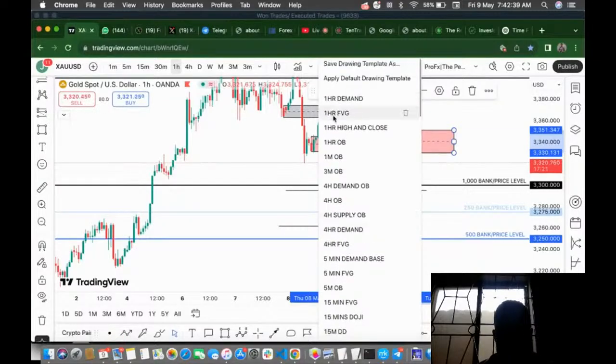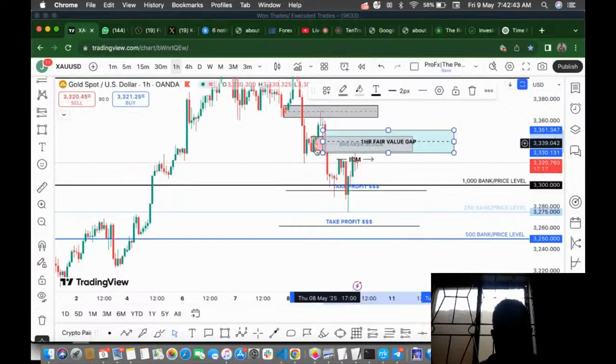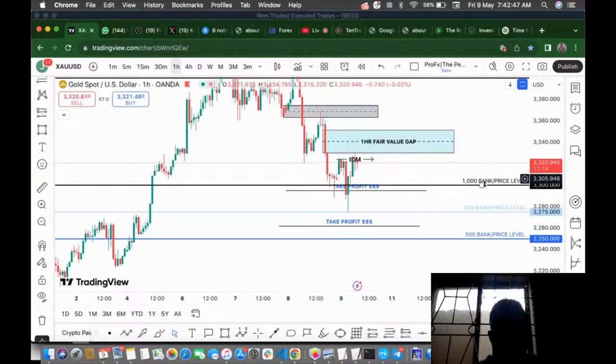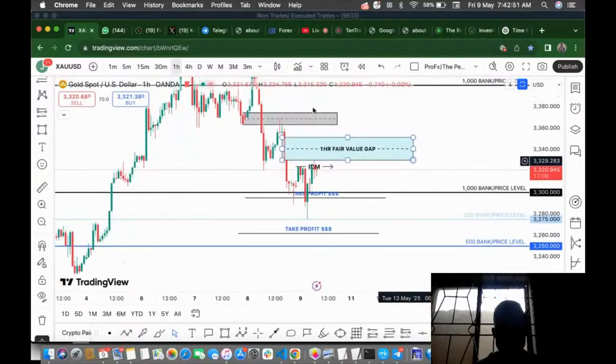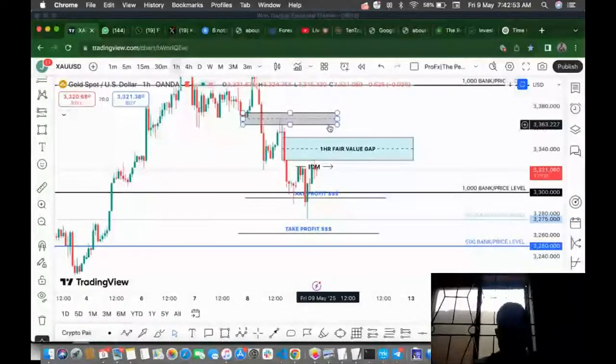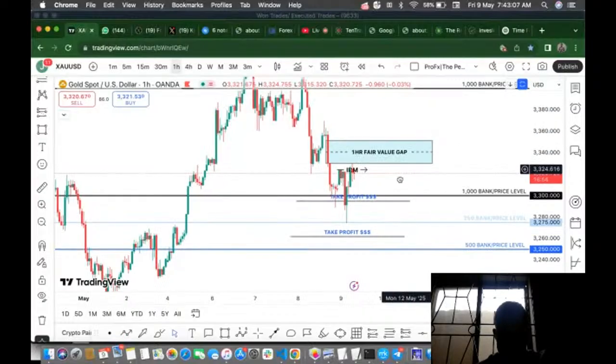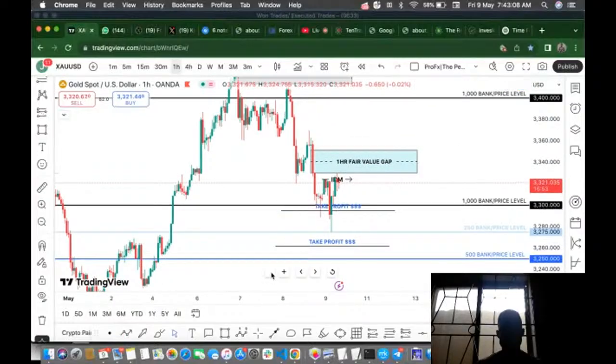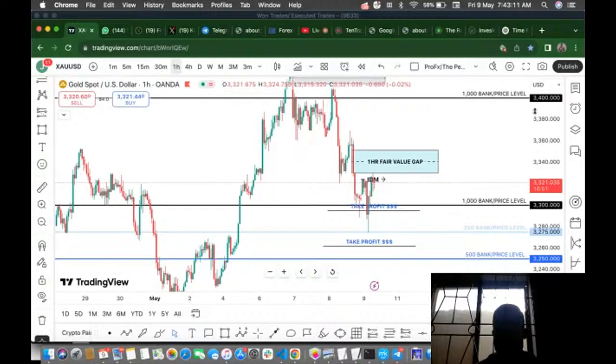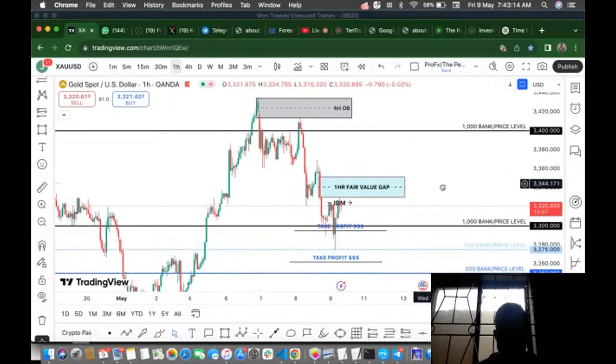I'll be more safe to bet myself from that place. So I wait, and once I get a sell confirmation, I am selling to this TP, if not this 250 bank level. So this is the gold setup for today. We're done with gold. Friday. All right, is gold clear?